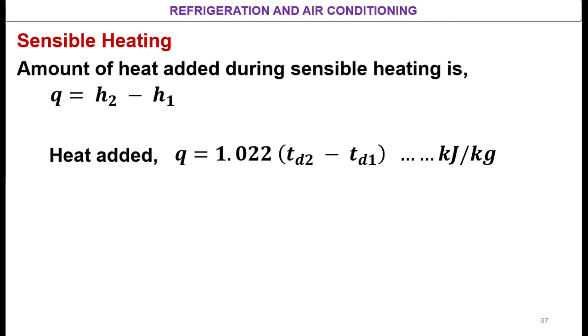It can also be written as 1.022 into (TD2 minus TD1), where TD2 is the final dry bulb temperature and TD1 is the initial dry bulb temperature. Got it? Yes, sir.